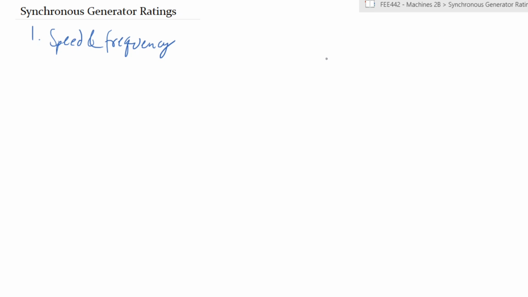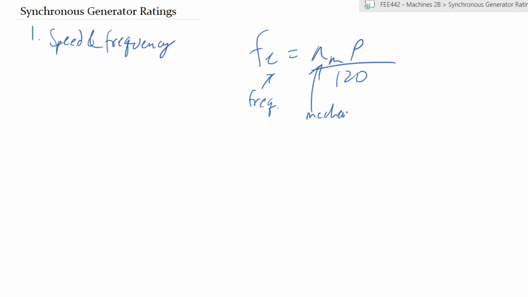So you will always have f_e equals n_m P over 120, where f is the frequency, n is of course the mechanical speed, and P is the number of poles. This is a fixed relationship depending on the number of poles of the generator, so you cannot change this during the operation of the generator.